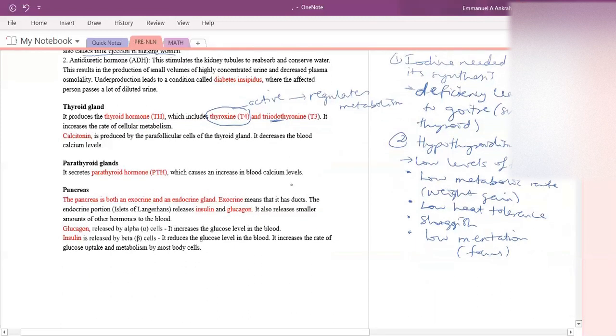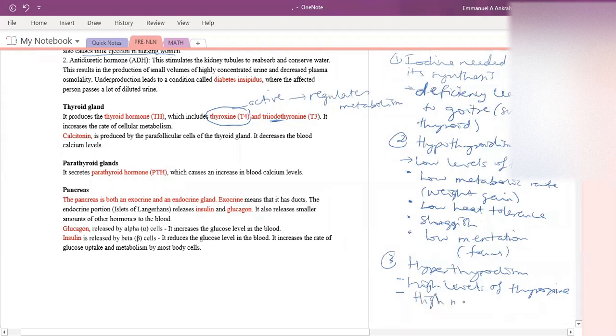Then those who have high levels, let's talk a little bit about them, which is the opposite root of words, hyperthyroidism. For hyperthyroidism, a quick overview of that. This is high level of thyroxine. Because they have high levels, their metabolic activity is very high. So high metabolic rate.